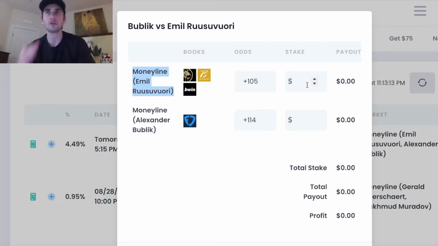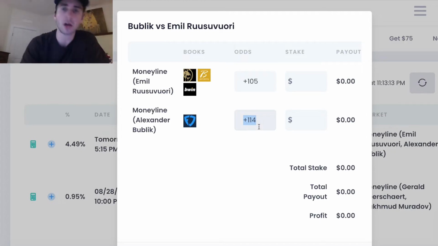So if we bet $100 on both players, what we can see is that if Bublik wins, we'll profit $114 on FanDuel, but we'll lose the $100 we bet on Rusavario on MGM. So we profit $14.